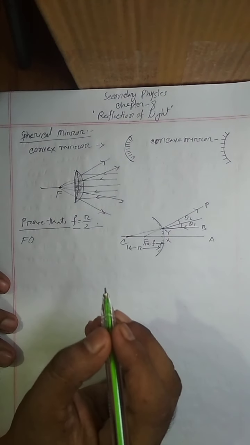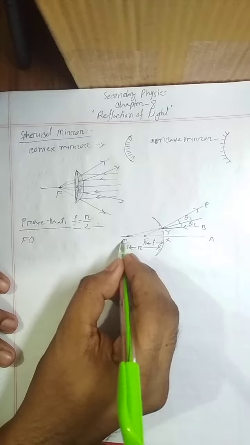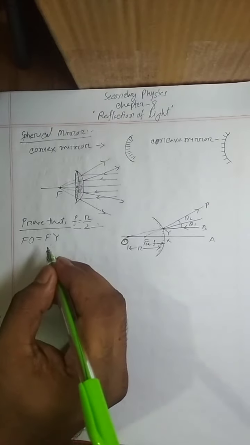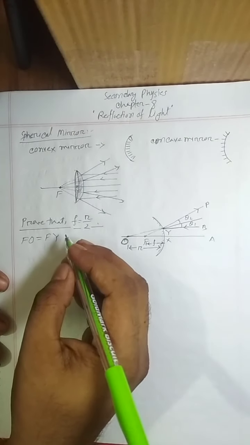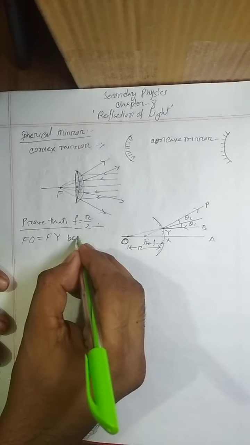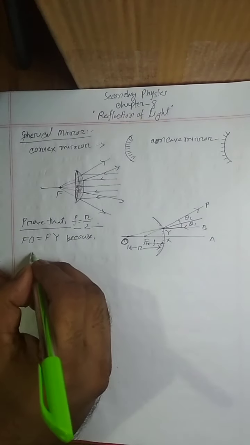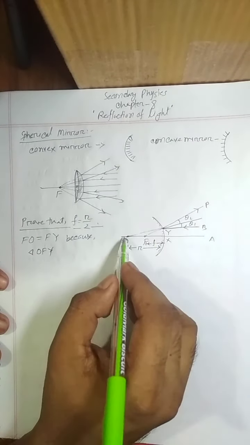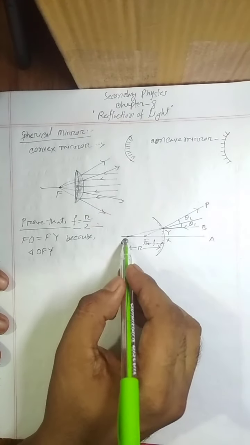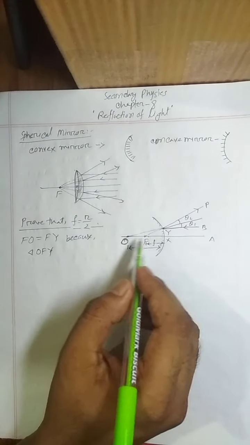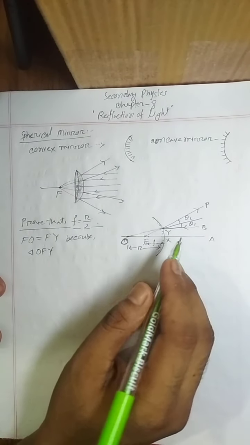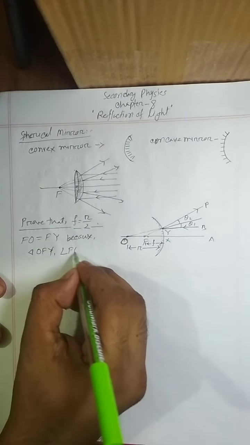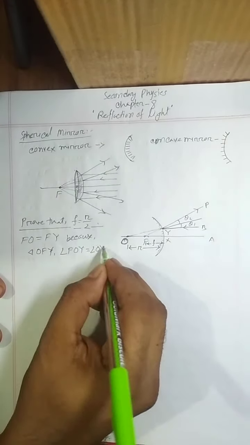FO is equal to FY because in triangle OFY, angle FOY is equal to angle OYF.